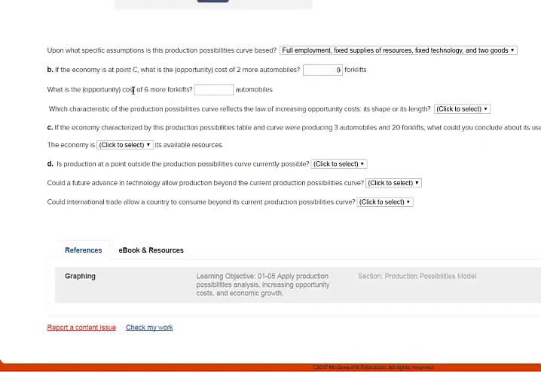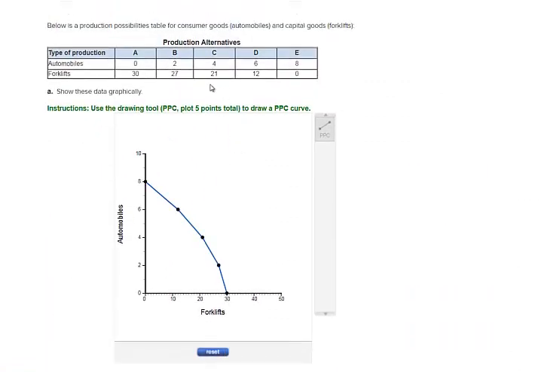What is the opportunity cost of 6 more forklifts in terms of automobiles? So where down here are you giving up 6? So really you're just going backwards here. When you add 12 forklifts from 0 to 12, you're giving up 2. When you go from 12 to 21, which is 9, you're giving up 2 automobiles.